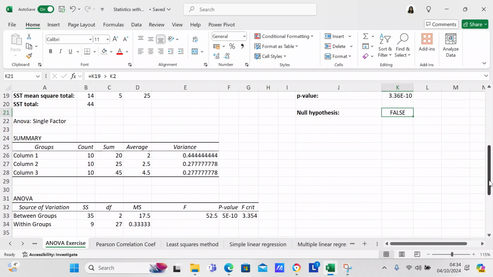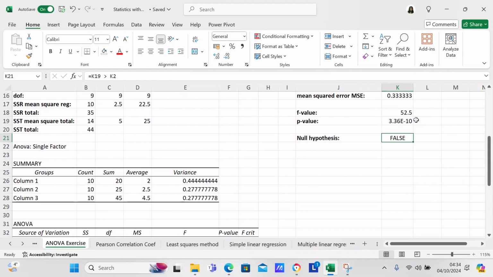And the only thing that wasn't the same was the p-value, because I'm not sure what formula they used to derive the p-value. I tried several different scenarios to get a p-value, and I was researching, and it came up saying the F.DIST.RT function, with the F value, the DOF numerator and the DOF denominator, is what you can use.